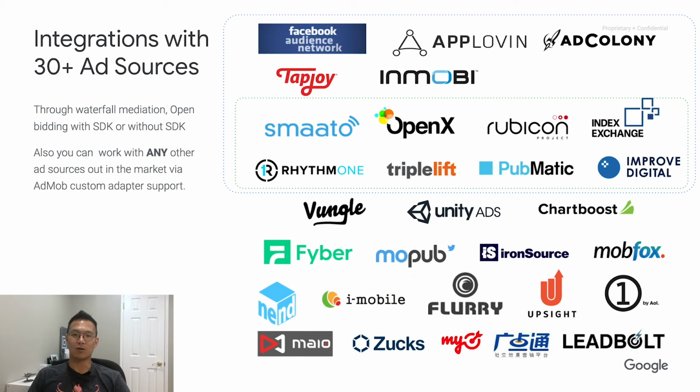And the smaller rectangle over there represents ad sources that participate in open bidding with Google Mobile Ads SDK support, which means that you don't need to implement their SDK, but you will just get it when you check the box and opt in. So as you can see, we have a lot of ad sources participating in open bidding, and we are expecting a lot more to come in this year, and we're excited to see the change.